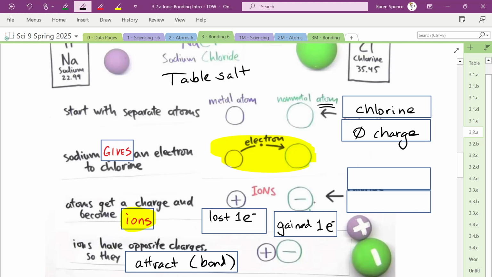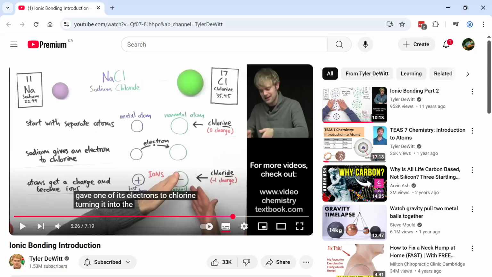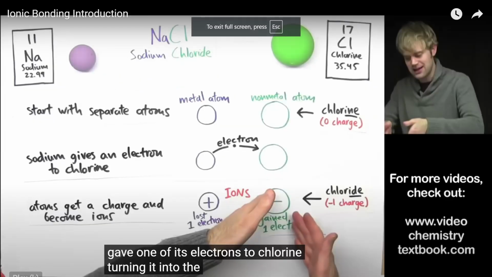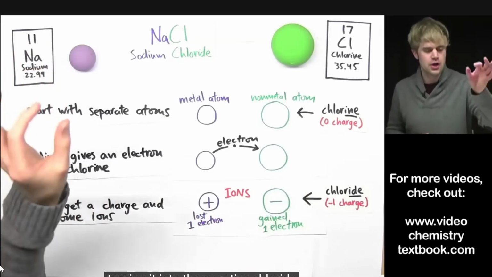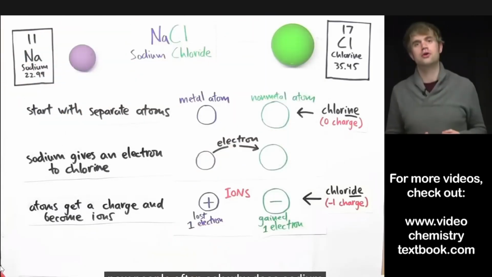But this guy here, this ion, is called chloride, and it has a -1 charge. Negative chloride.